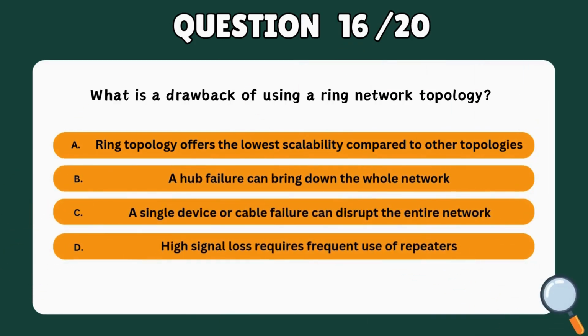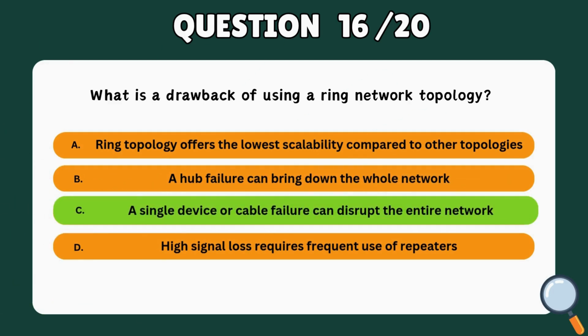Question 16. What is a drawback of using a ring network topology? A. A ring topology offers the lowest scalability compared to other topologies. B. A hub failure can bring down the whole network. C. A single device or cable failure can disrupt the entire network. D. High signal loss requires frequent use of repeaters.